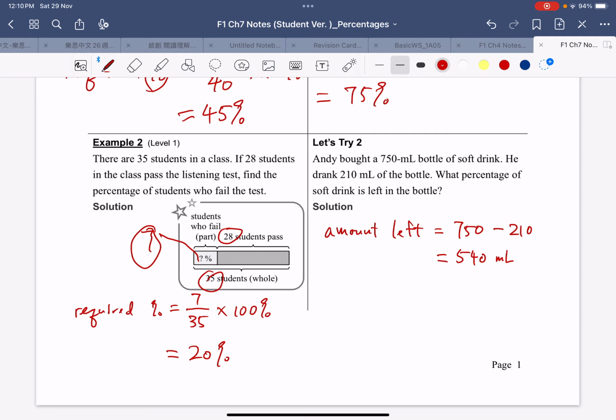So the percentage left, the required percentage, equals how many? It would be the amount left divided by the whole times 100%. Alright, so it will be 72%. Got it correct? Well done.